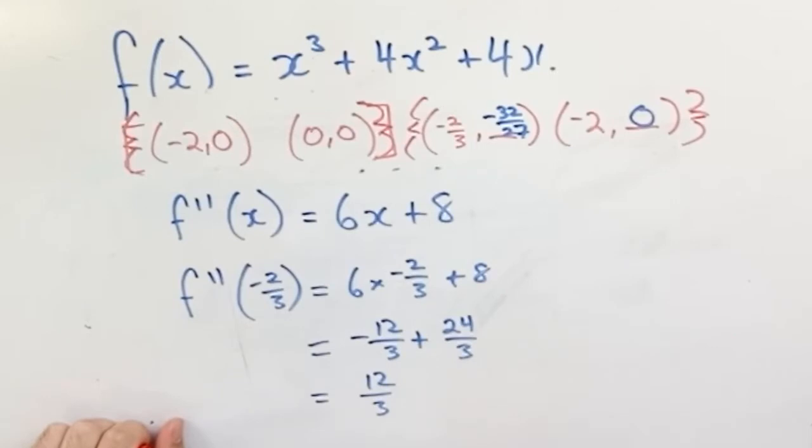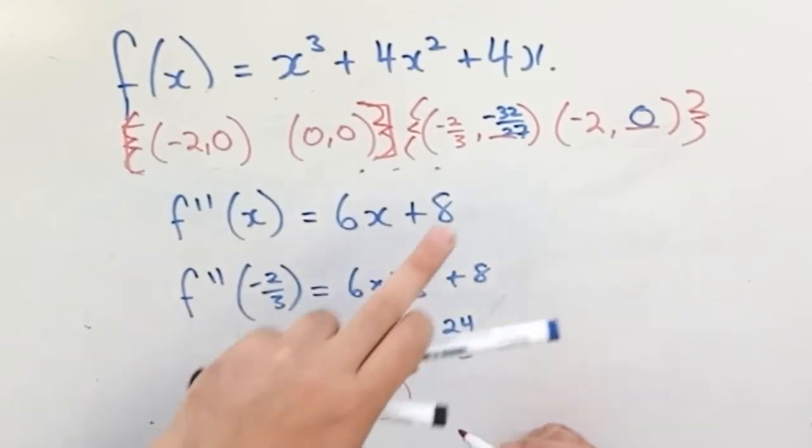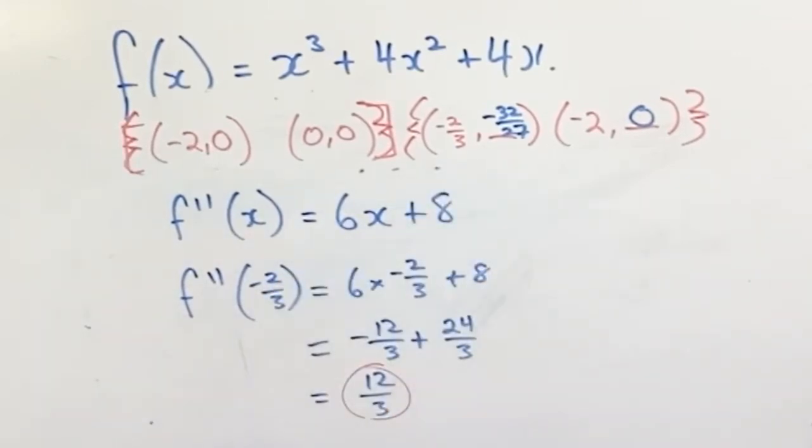How should I write this down? I don't really want to write it down as a set of coordinates because it's not really a set of coordinates. I just want to know that this is greater than 0. So at this point, greater than 0 means concave up. So that means it could be a local minimum. Well, it should be a local minimum at that point. So at negative 2/3, I've got a local minimum.